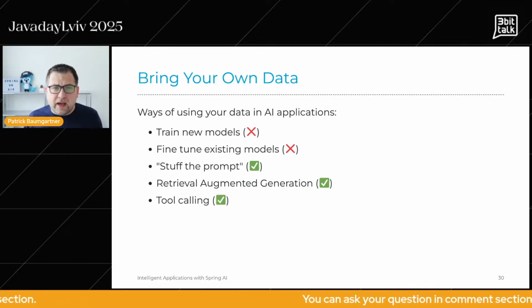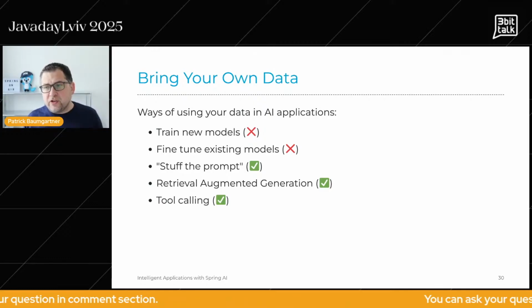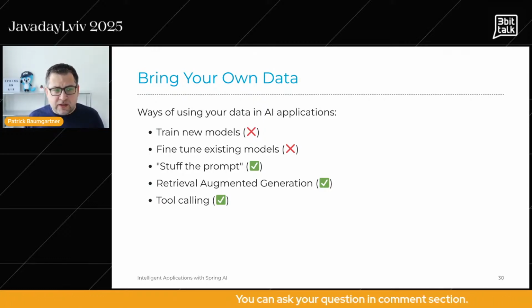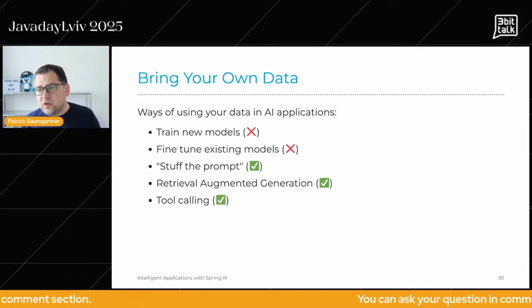So for most software engineers, if you just start prototyping a new application, it's maybe the best idea to just enrich the prompt in different ways. And those are the things regarding prompt stuffing, RAG, tool calling, or even these days MCP servers, which are very similar to the tool calling approach.